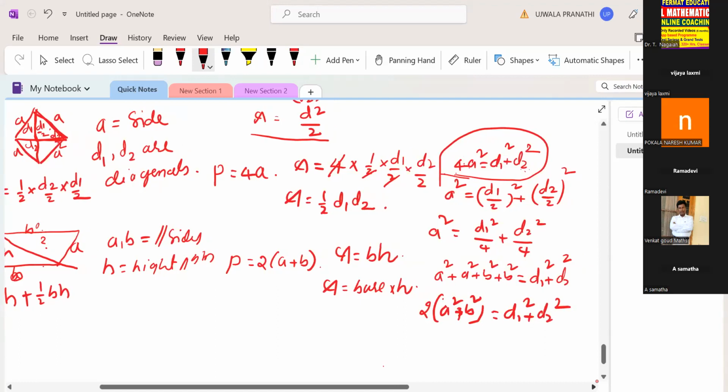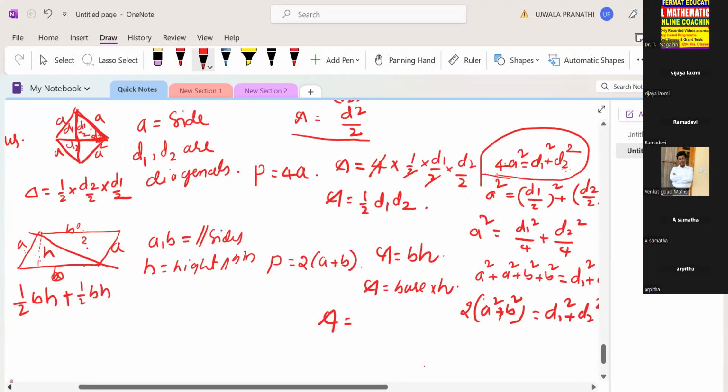So here, area has another formula. If theta is the angle between any two adjacent sides, then this is the area of this triangle, which in properties of triangle is half into AB into sin theta.